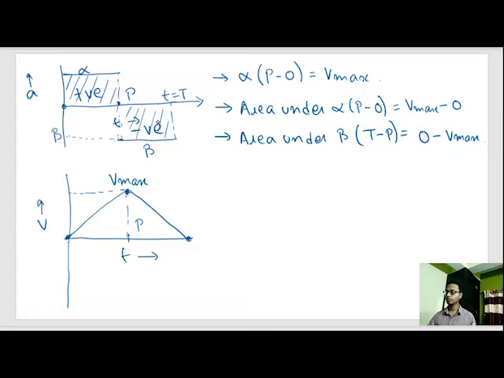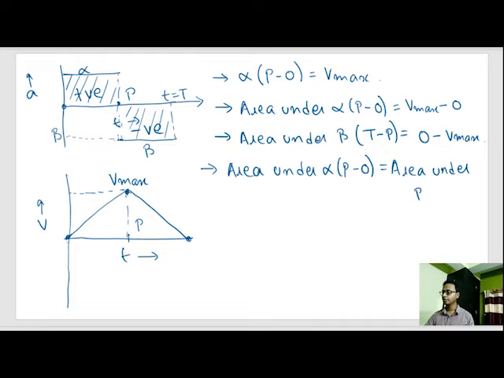Okay, so by observation we can say the area under alpha into p minus 0 is equal to the area under beta into t minus p.